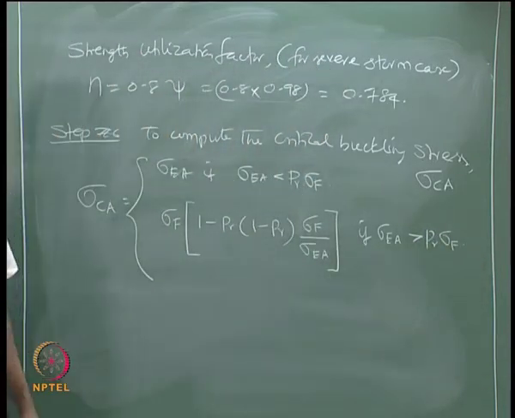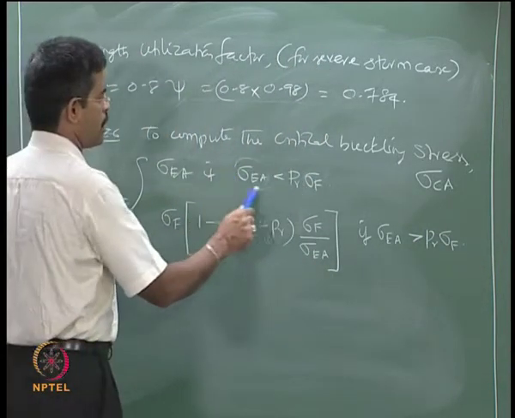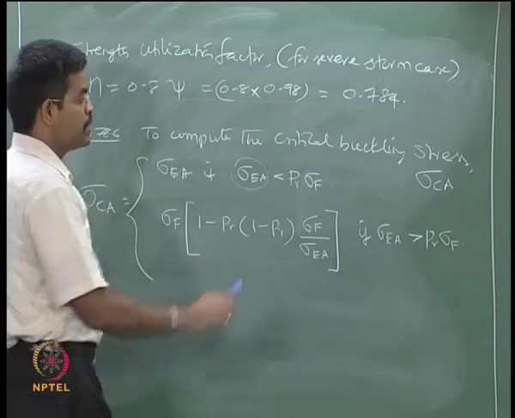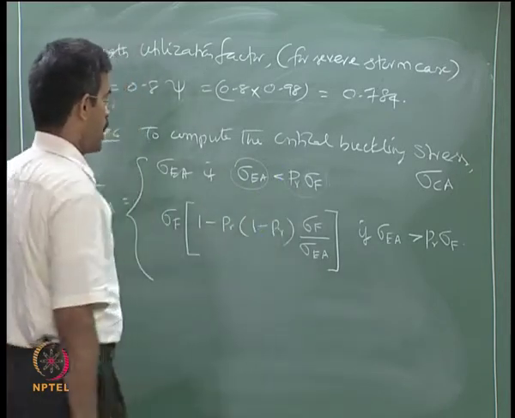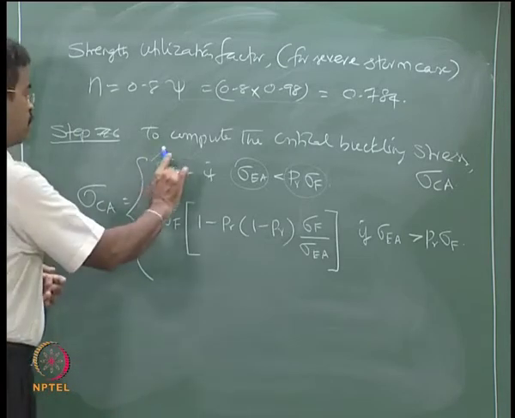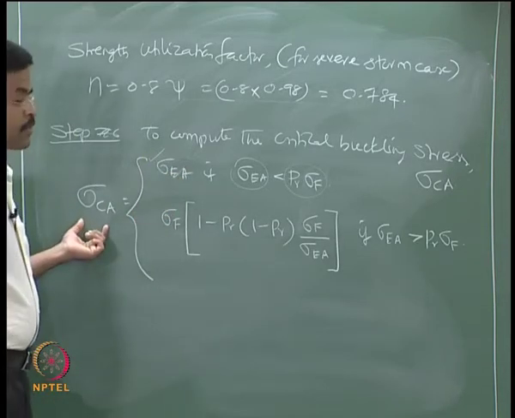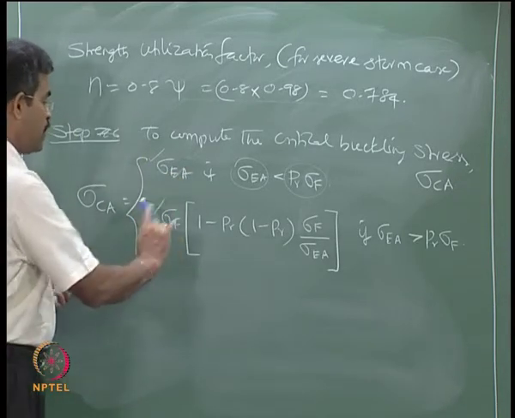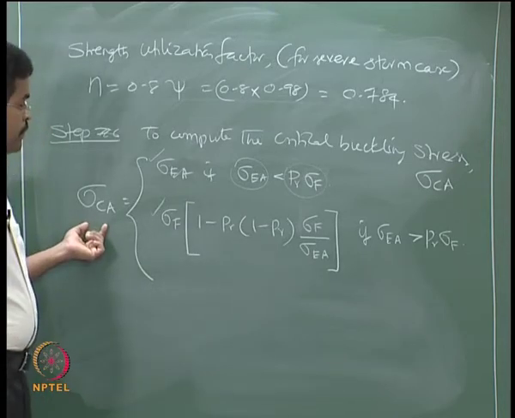So, depending upon the value of sigma Ea in comparison with PR sigma F, I will either select the upper equation to find sigma Ca, or I will select the lower equation to find sigma Ca.